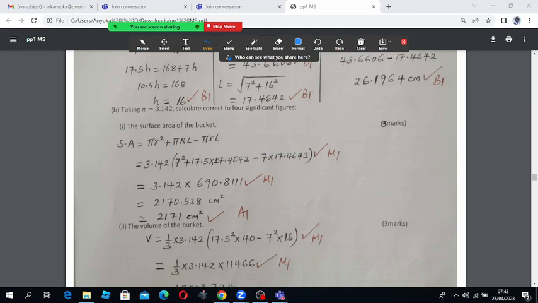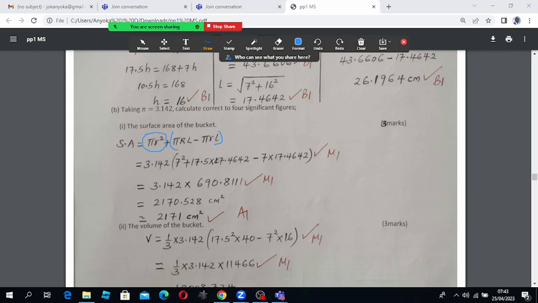So if the top is open, what are we going to include in our calculation? We need pi r squared, this is the radius of the base, plus the curved surface area of the bucket. If it was closed, we would add another pi r squared. But in this case it is open, so listen to those instructions.